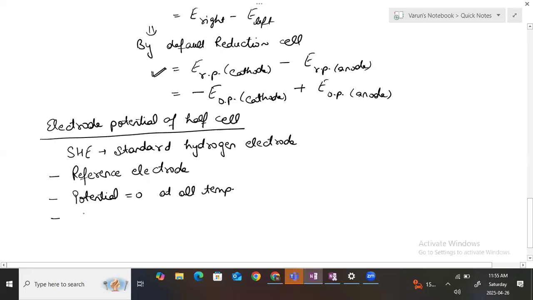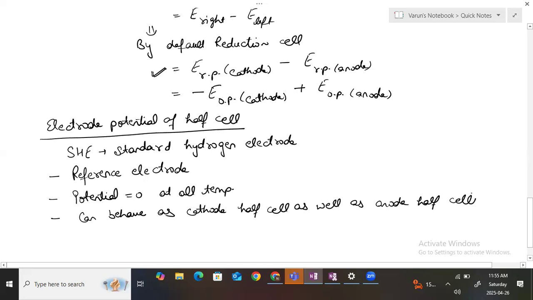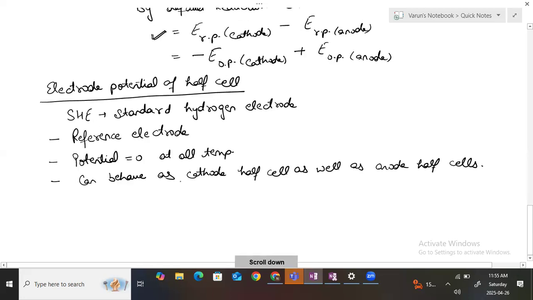The hydrogen electrode can behave as a cathode half cell as well as an anode half cell. We have two half cells, one is the cathodic one and the other is the anodic one.